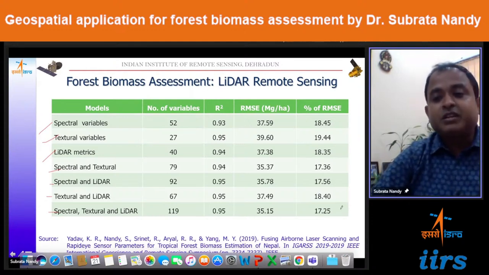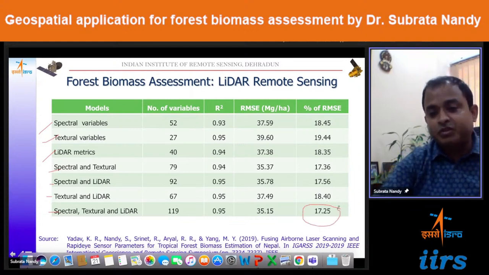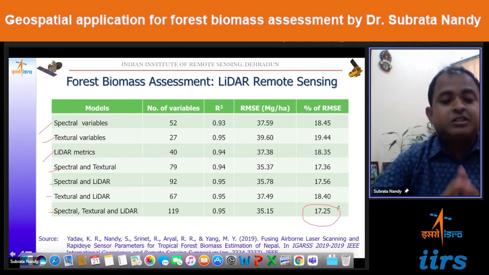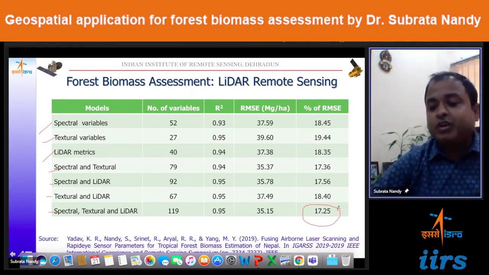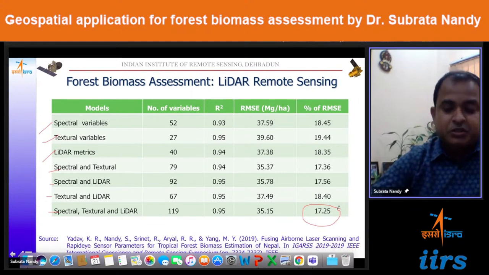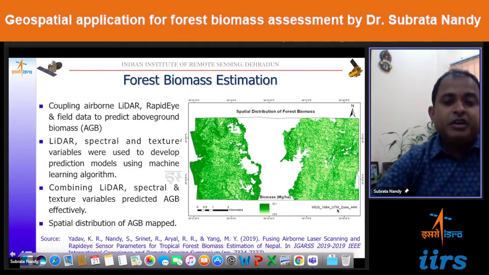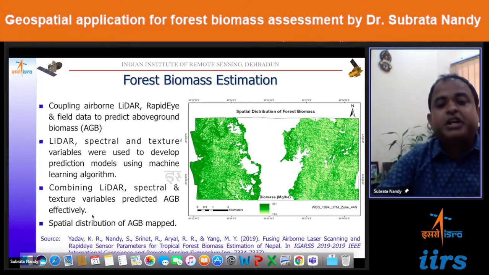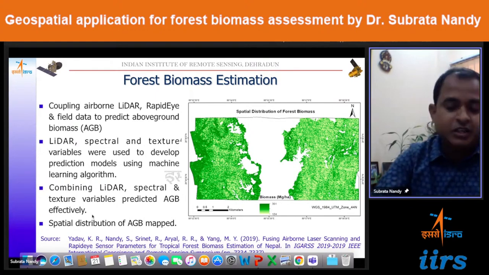We found that the RMSE is better when combining all of them. So it highlights that a single sensor approach is not good enough to study biomass; a multi-sensor integration approach gives better accuracy of biomass estimation. Combining lidar as well as optical and radar variables, we could predict biomass very effectively in this area.